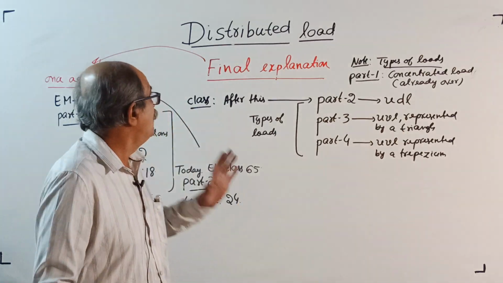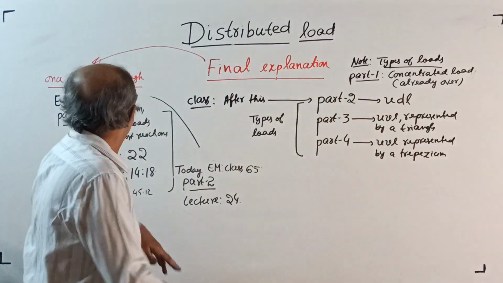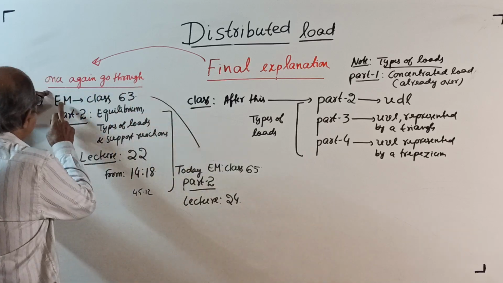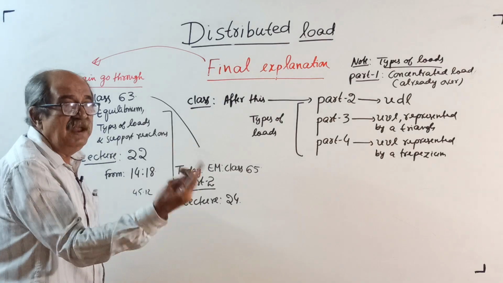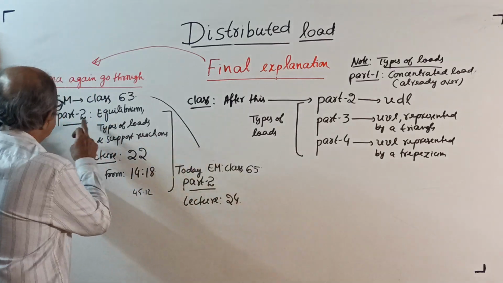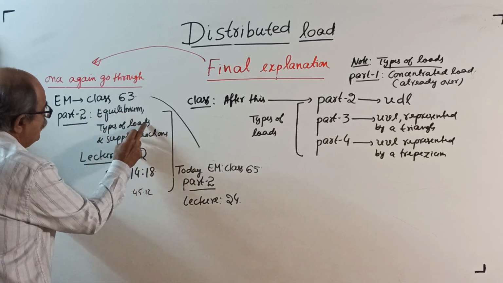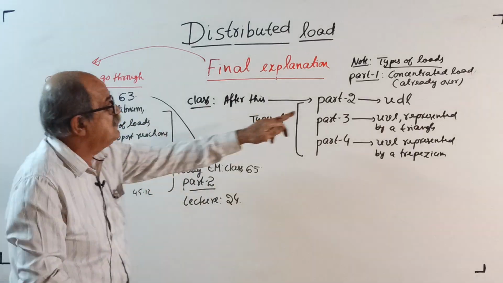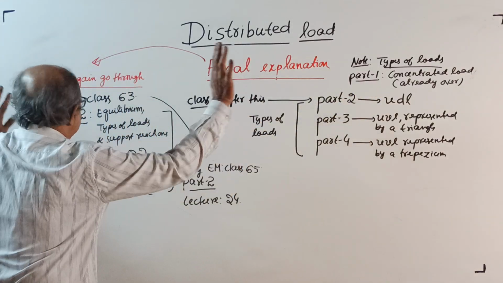Now, once again, last time I gave a warning: go through Engineering Mechanics class 63, not the previous class but the one previous to that, lecture number 22. Part 2 is equilibrium, types of loads. This part 2 is not that part 2; I will tell you later. Don't look at it now, that part 2 is separate.